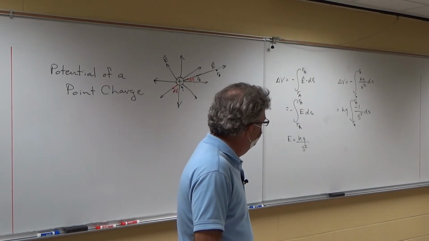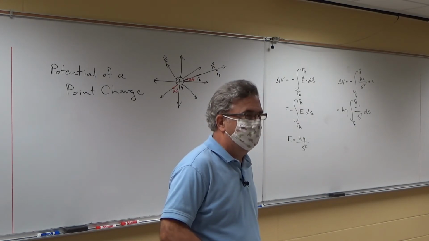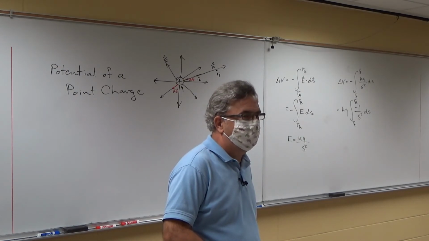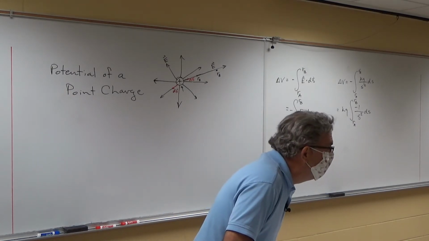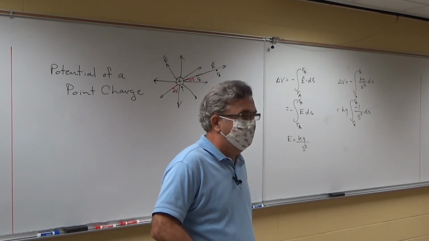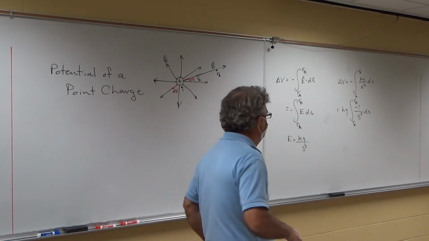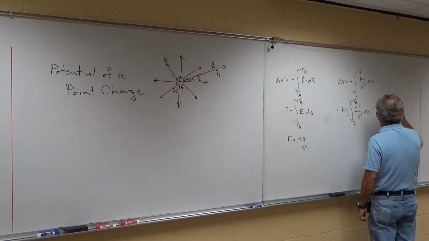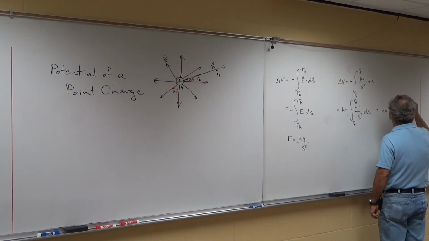What's the integral of negative 1 over S squared ds? What do I differentiate to get 1 over S squared? Yeah, negative 1 over S. So this is equal to KQ times 1 over S evaluated from RA to RB.